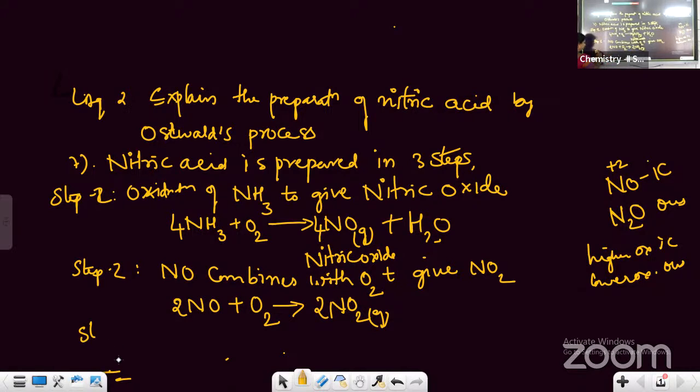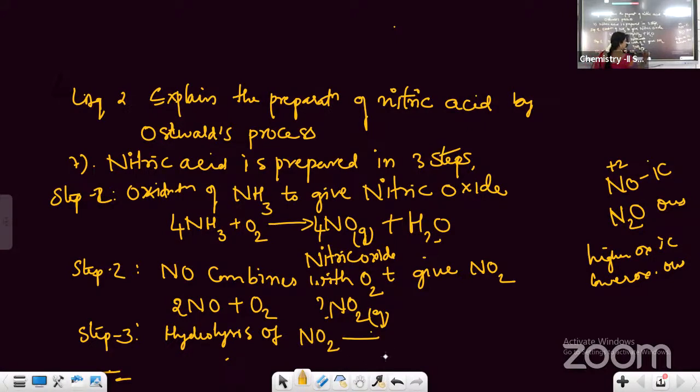The next, step 3. What is step 3? Hydrolysis, meaning when you dissolve this in water, hydrolysis of nitrogen dioxide gives nitric acid. What is the formula of nitric acid? HNO3.